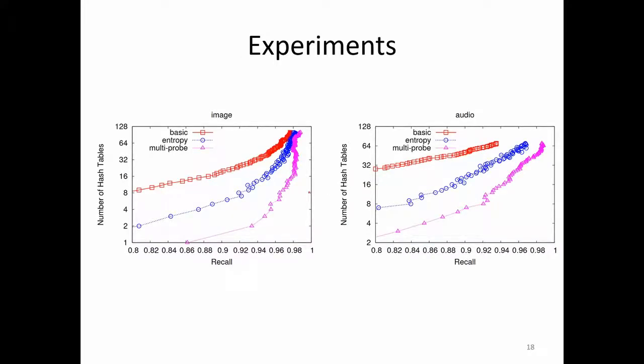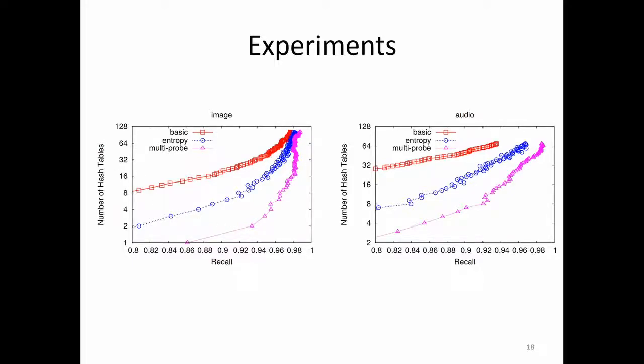This is a set of images on different types of data from the original paper. This red is the basic LSH. What we are plotting here is the recall versus the number of hash tables needed to achieve that recall.